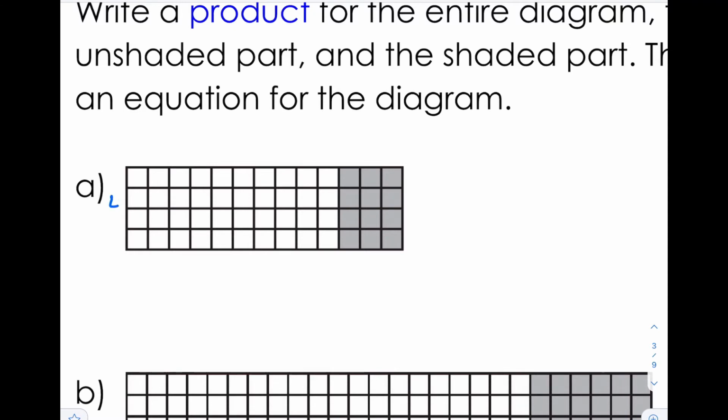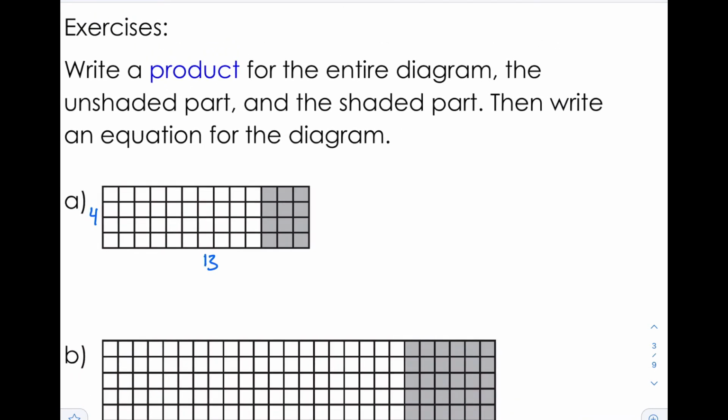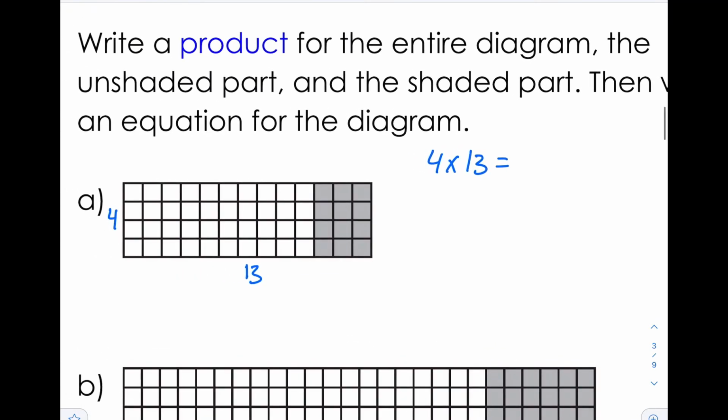Okay, so here we have 4 rows and 13 columns. So this array represents a multiplication of 4 times 13. Now, if we break it down into the shaded and unshaded parts, there are 10 unshaded columns and 3 shaded columns.